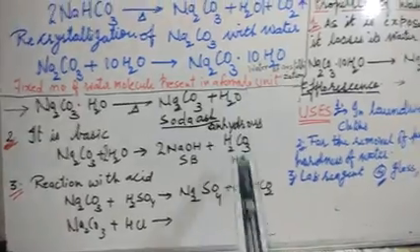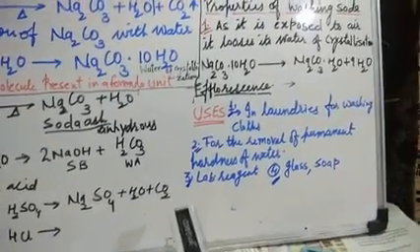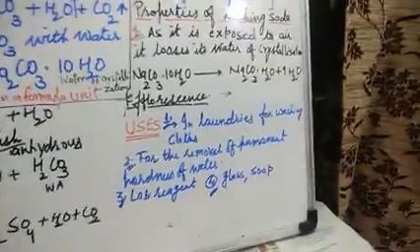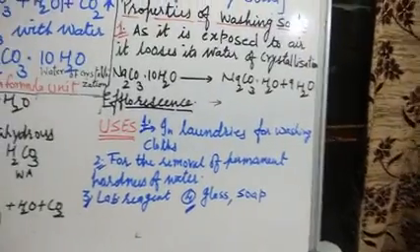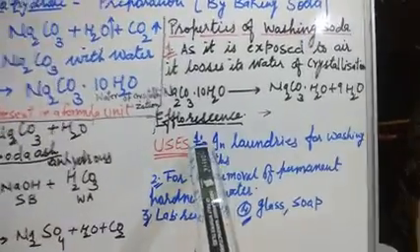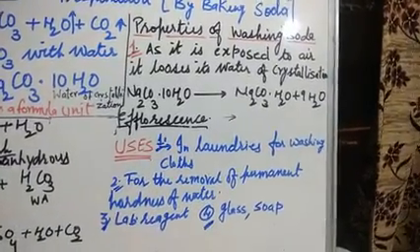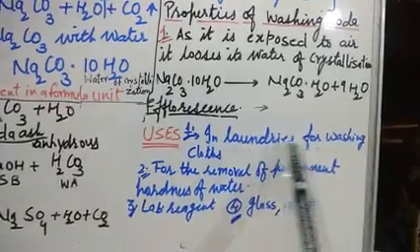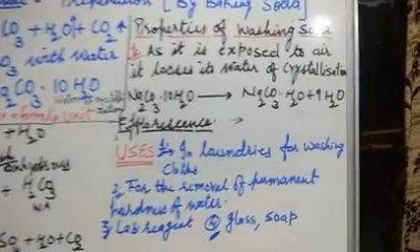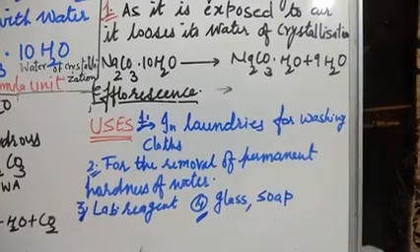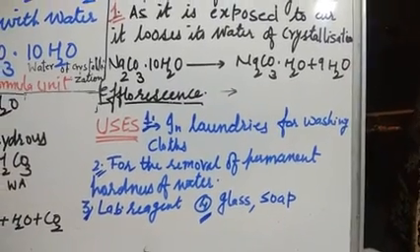Next topic is now the uses of washing soda. We are doing washing soda, students. First use here is, as the name is washing soda, that means it is used in laundries for washing clothes. Laundries में use होता है for washing clothes.